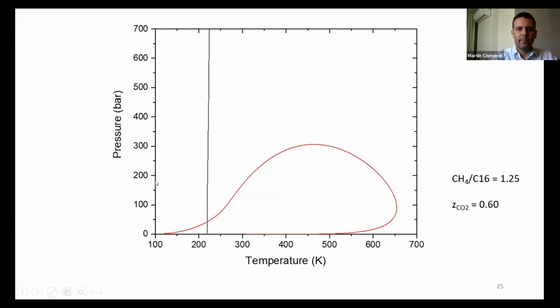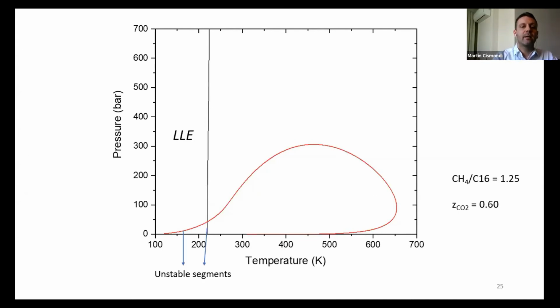But you would get this crossing in this example for the 60% CO2 case. So this means that there is also a liquid-liquid equilibrium region in this case, but it is not connected to the vapor-liquid part through a gradual transition, as I explained before, like in the other cases.